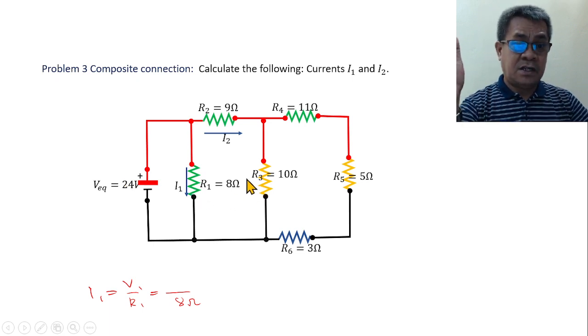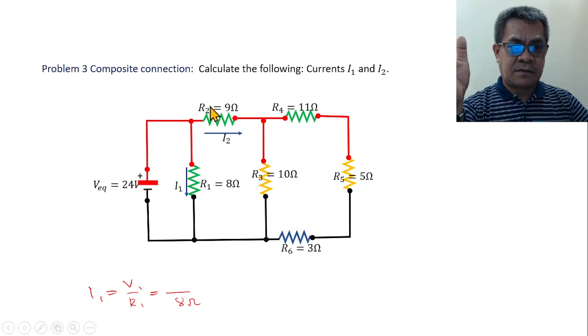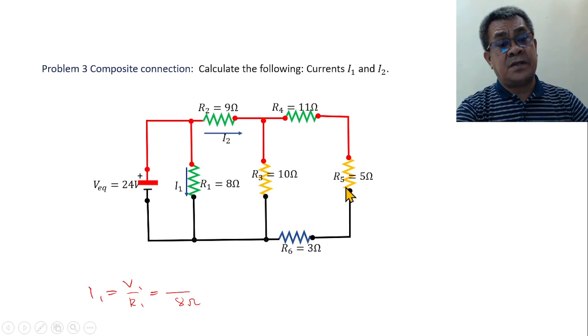Why? Because we have this one here. And also, R5 is not parallel to R3, because of this. And therefore, R5 should not be parallel to R1, and they are also not parallel to the source.